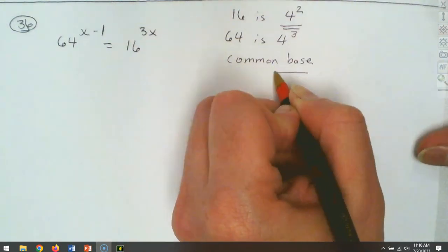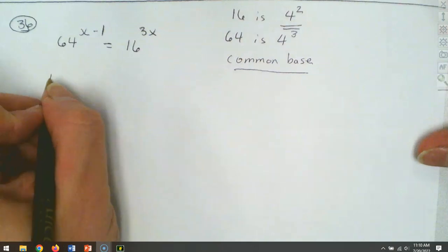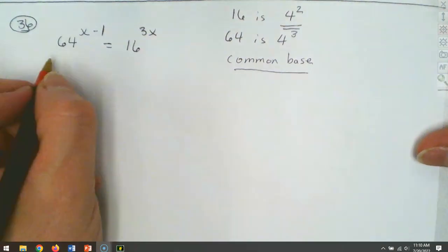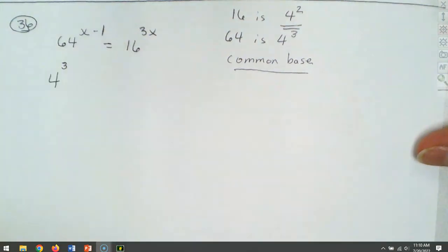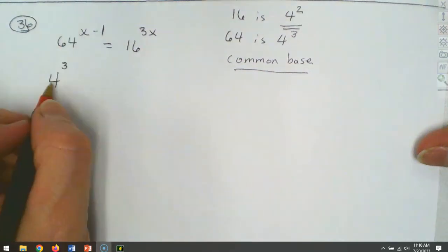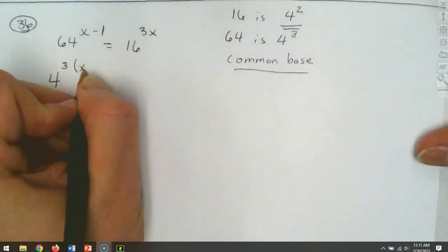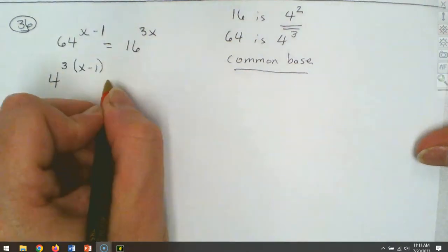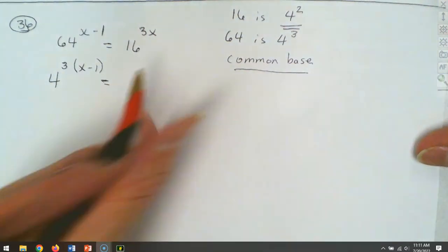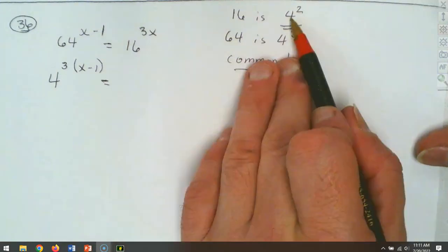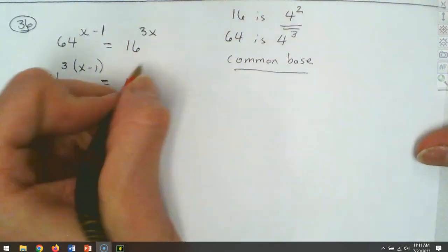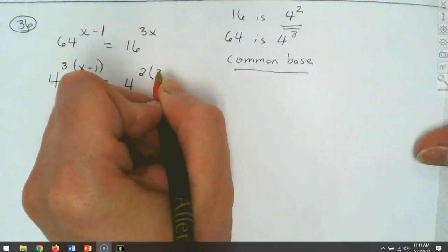So our common base is 4. So this one is going to be 4, and we bring that 3 up because that's 64. So 4 cubed is 64, so that's going to be a 3, and it has to multiply by x minus 1. So there's that piece. The other side is 4 squared because 4 squared is 16. So that's 4, and then bring that 2 up. 2 times a 3x there.